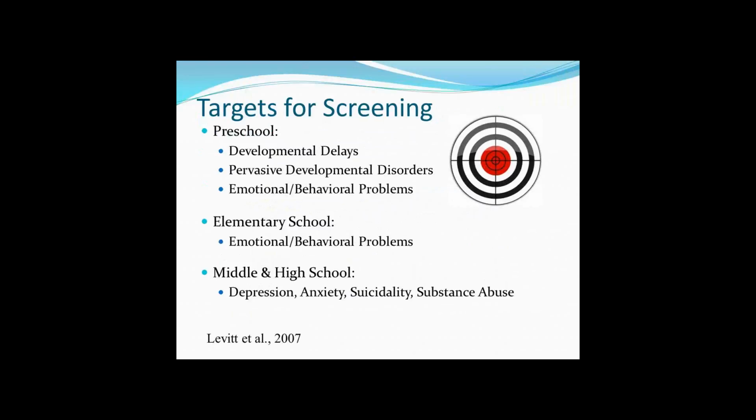And then in middle and high school, this is where more significant mood disorders or other sorts of behavioral disorders start to emerge. So depression, anxiety, suicidality, substance use. Those are the things that you're going to be screening for, because those are the things that are most problematic at each level as far as students' ability to learn.